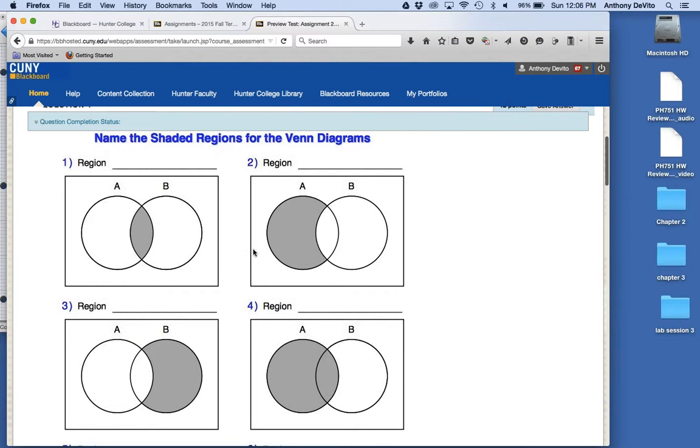So we know this is A intersection B. Now here we have an interesting one right away. In this one, A satisfies us, but B does not.